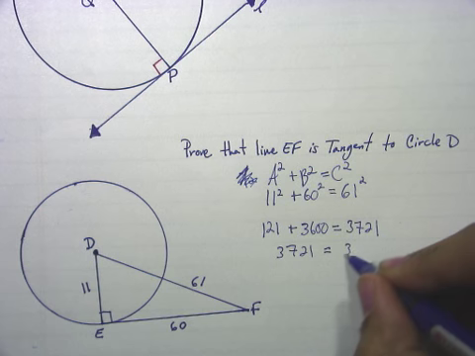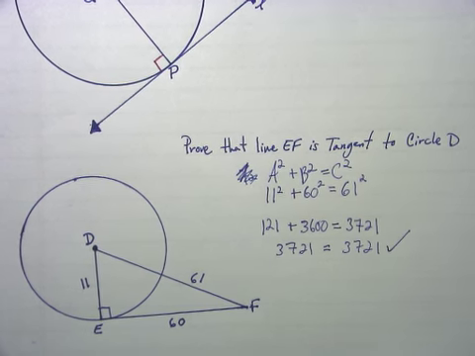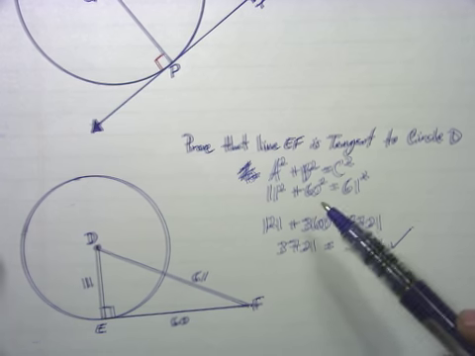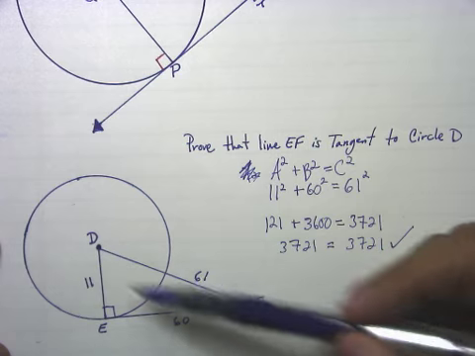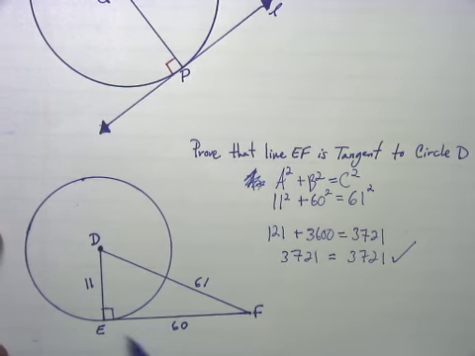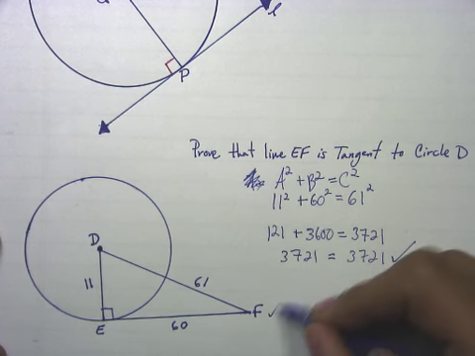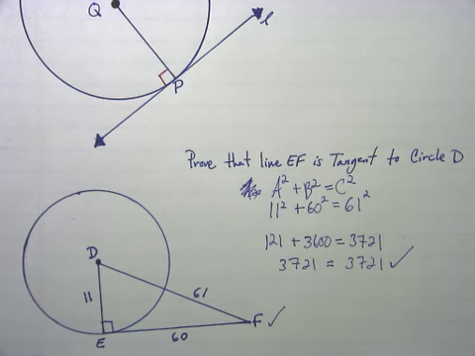When I add 121 plus 3,600, I get 3,721, and that is in fact equal to 3,721. So since the Pythagorean theorem works, since these two legs squared equal the hypotenuse squared, I know for a fact that line EF is tangent to circle D.